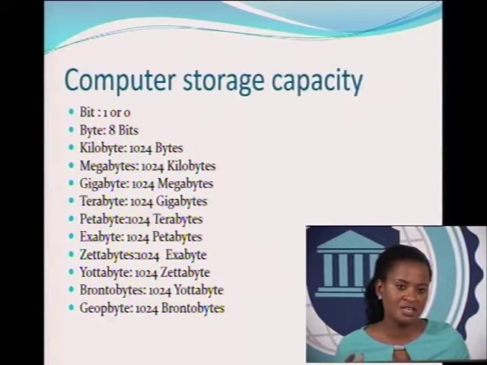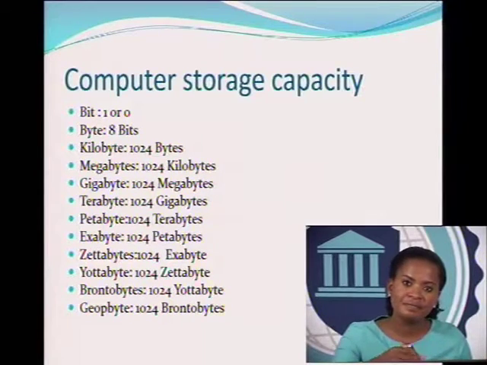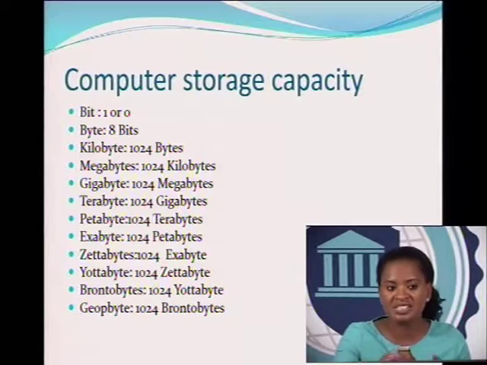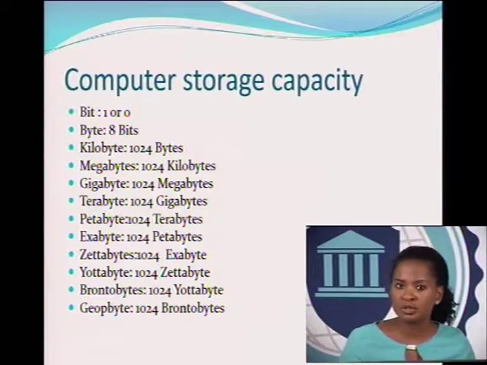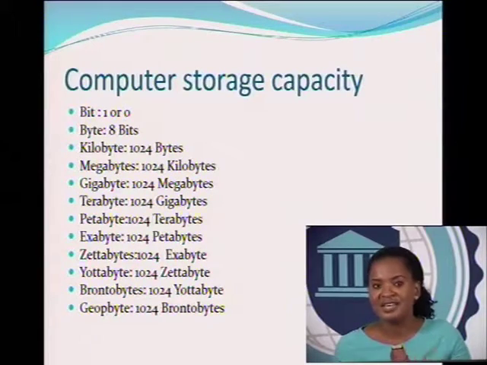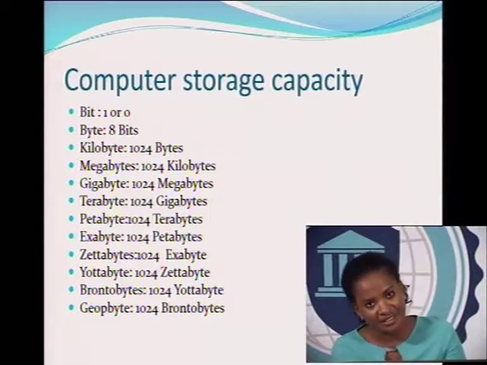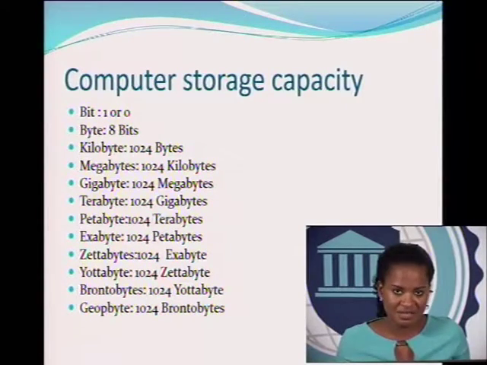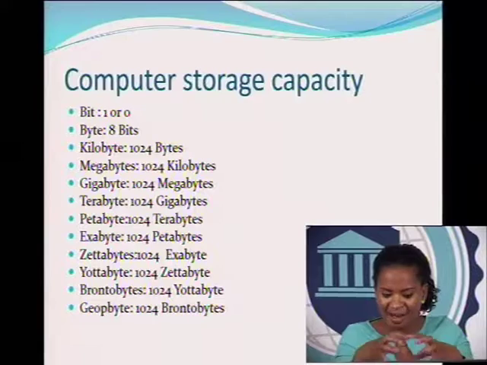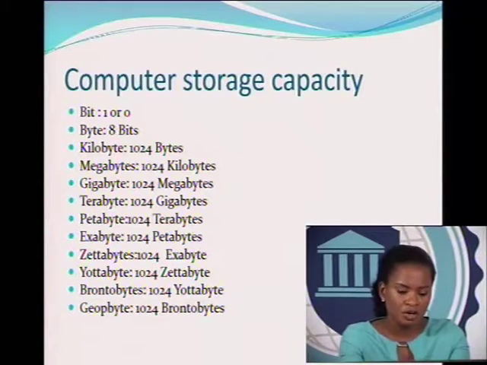But from a bit, the next measuring unit is called a byte. A byte is also very, very small. You hardly find storage devices with a byte of storage capacity, but you find files that are a byte or bigger.